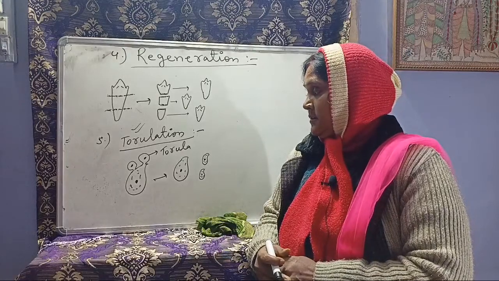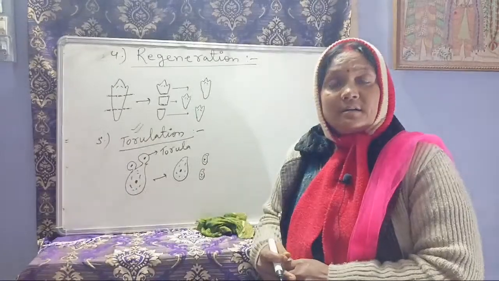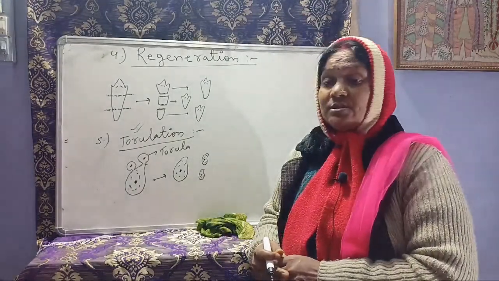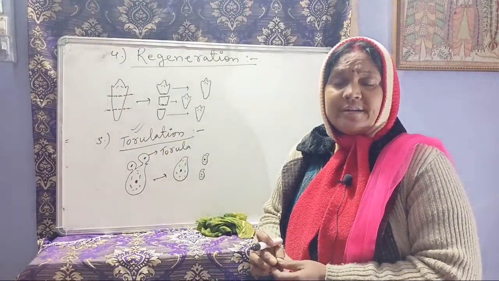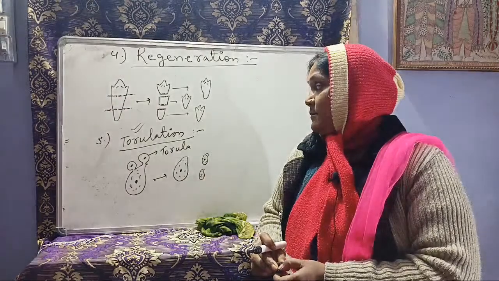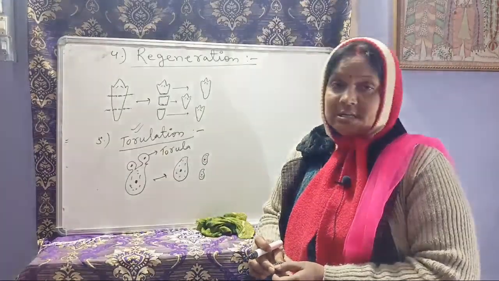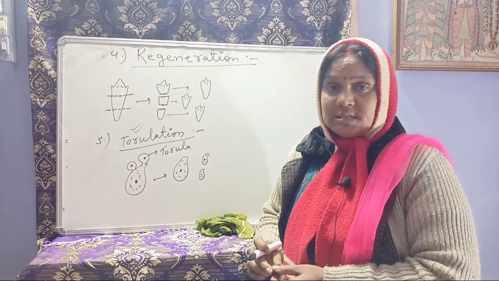It is a budding method, an external budding method in yeast, but in case of budding, a single bud is formed, whereas in case of torulation, many buds are formed, two or more buds.